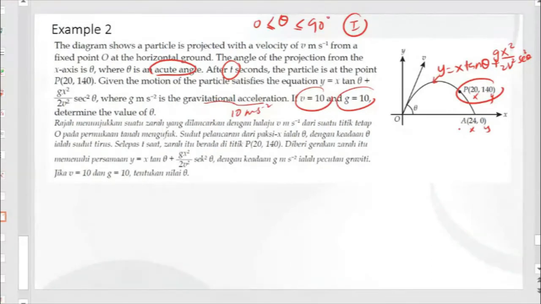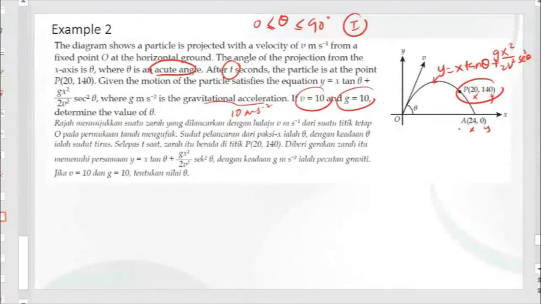Lester, can you answer me? How about Pechi? What is your answer? Yes or no? Can I choose the easier one? Can I choose A? I don't want to use P because P is more complicated. Can I just substitute A into the equation?